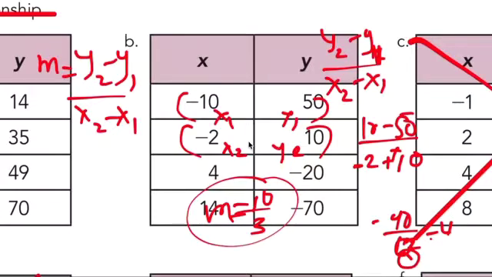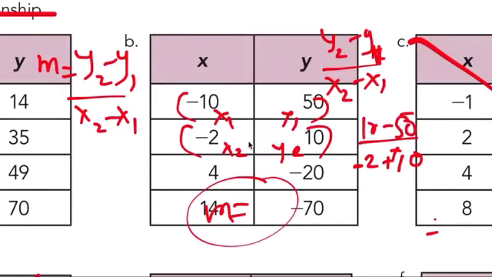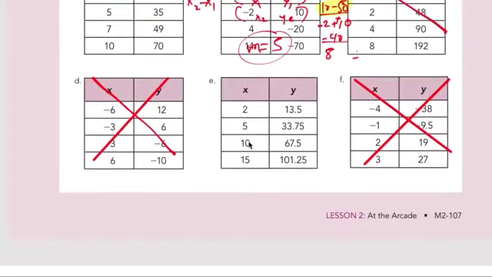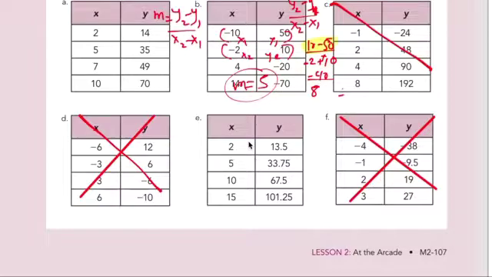The slope here is negative 5. I got the negative myself.